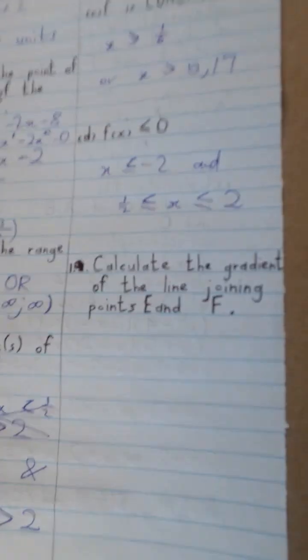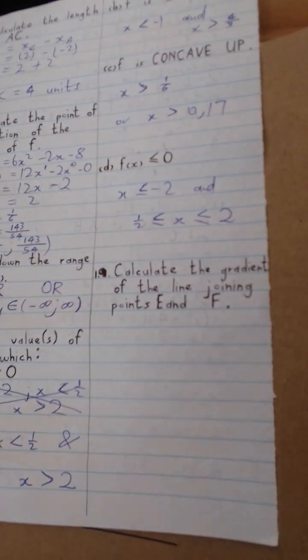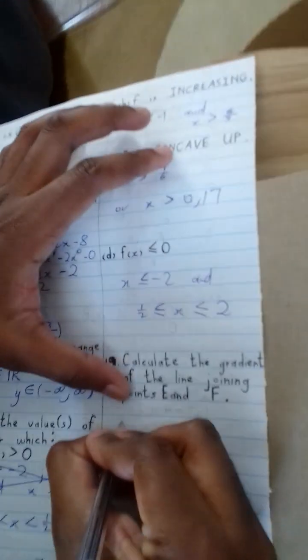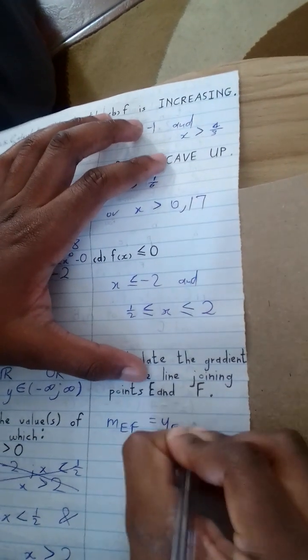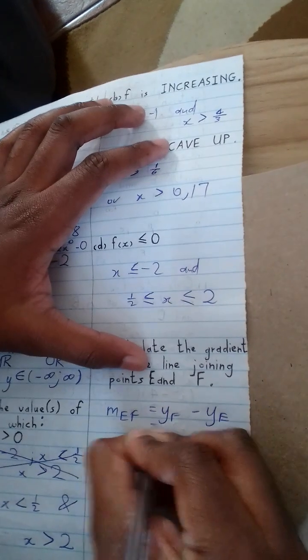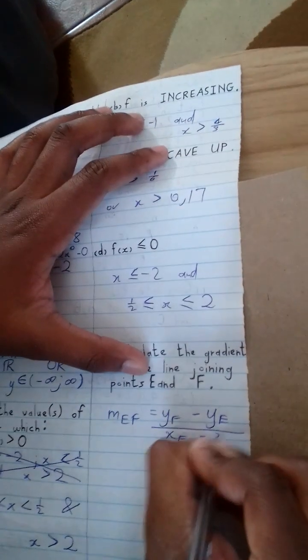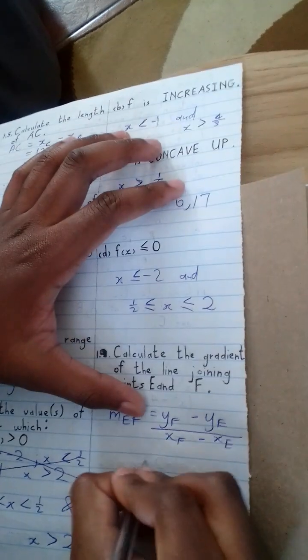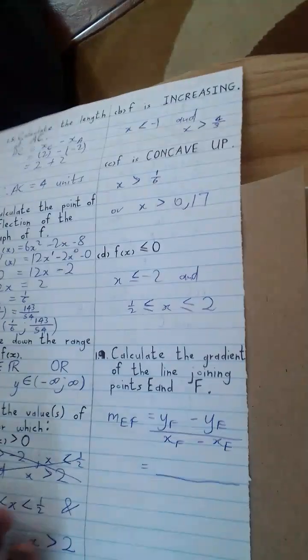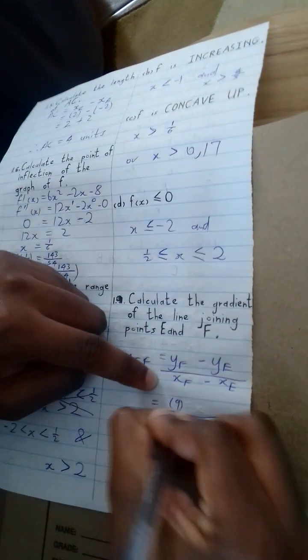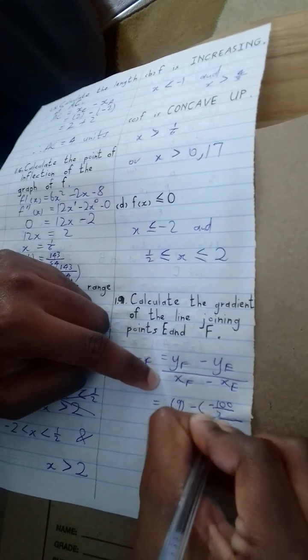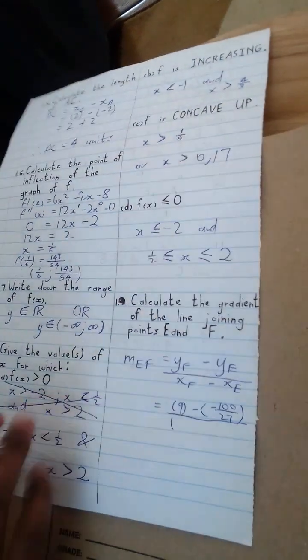1.9 states, calculate the gradient of the line joining points E and F. So gradient formula, gradient of EF is YF minus YE over XF minus XE. What is YF? 9 minus negative 100 over 27, over, what is X?